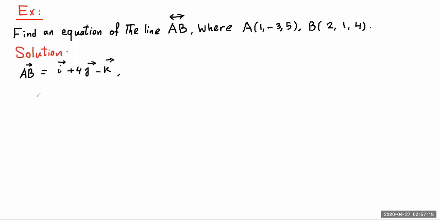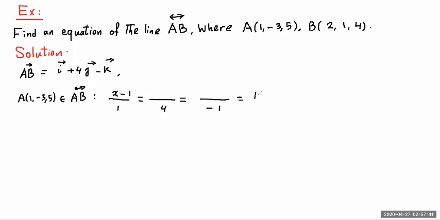So if we take the point A, (1, minus 3, 5), on the line AB, we can write the equation of the line as (x minus 1) over 1 equals over 4 equals over minus 1 equals t. Here y minus y of A, so it's y minus minus 3, and z minus za, 5.